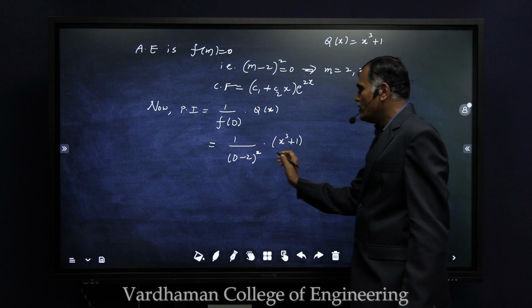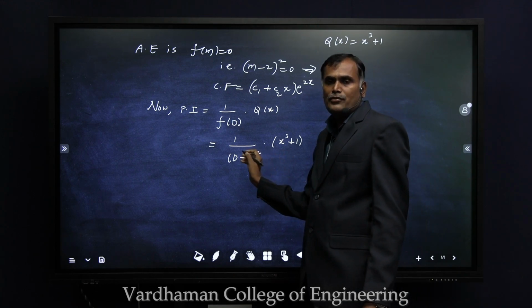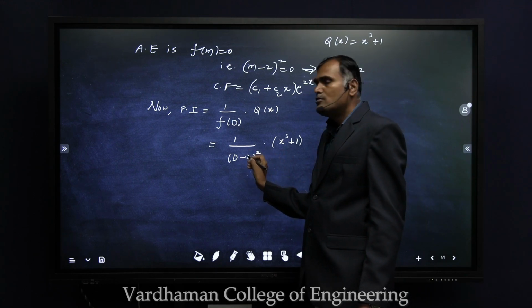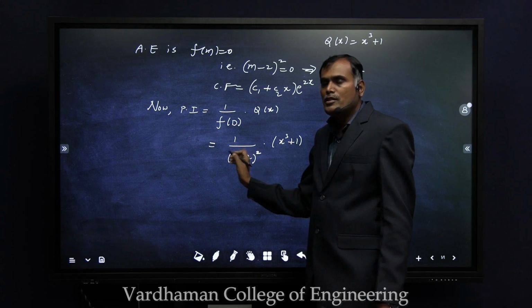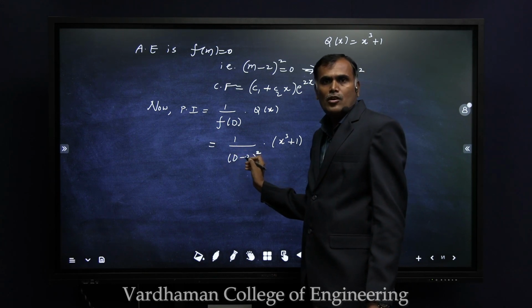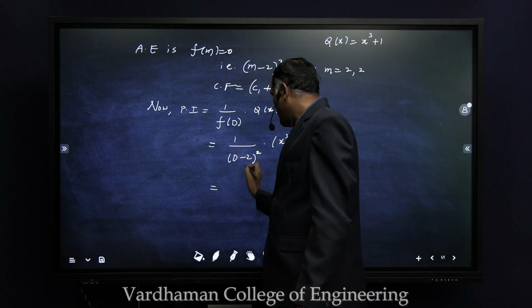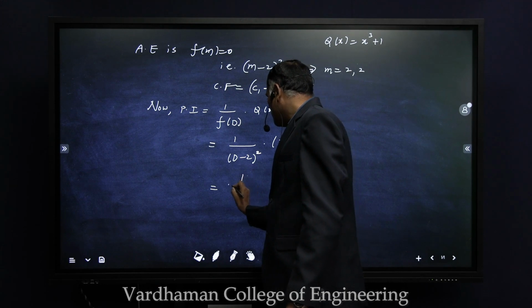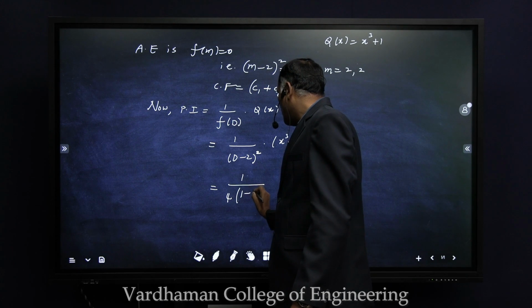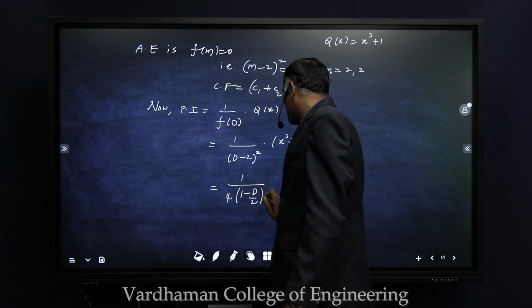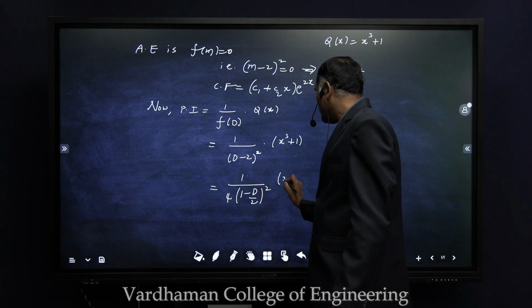Now let us write the least degree term outside. In this case, the constant term is the least degree term, so let us write the constant outside. By writing the constant outside, we get 2 square, that is 4. I am writing minus 2 outside. So we get like this.